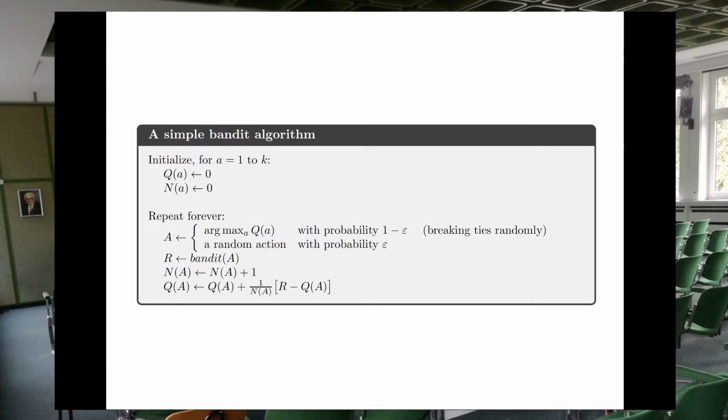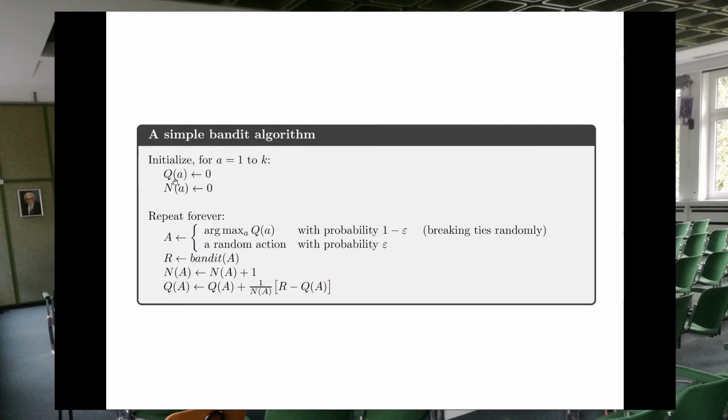And this is the algorithm that you can implement to solve the K-arm bandit problem. In this algorithm, you initialize the values and the counter of how many times you have executed an action. So from A equals 1 to K, which is the total number of actions, you will have an array where you will store initially the Q values.